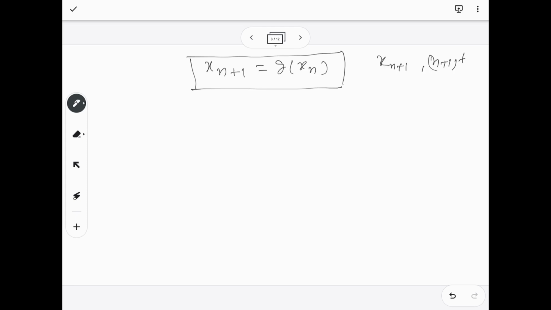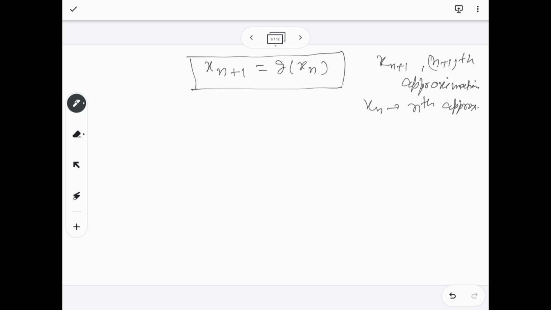Now to operate this particular method, we need to write x(n+1) equal to g at xn. This is what the iteration formula is, or in other words, the iteration proceeds like this. Now let us understand what these terms are. x(n+1) is the (n+1)th approximation, and xn is the nth approximation.